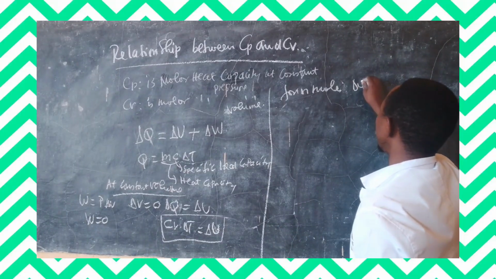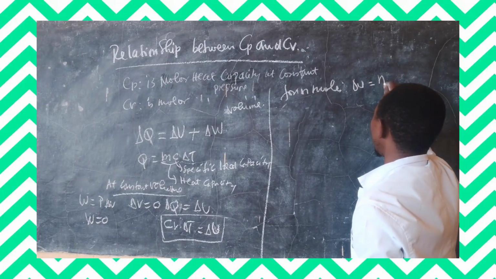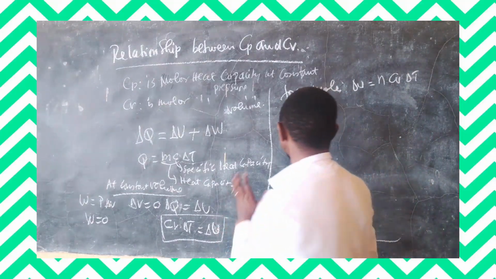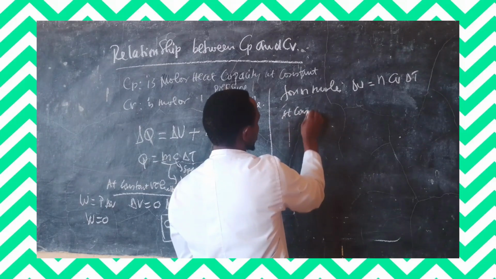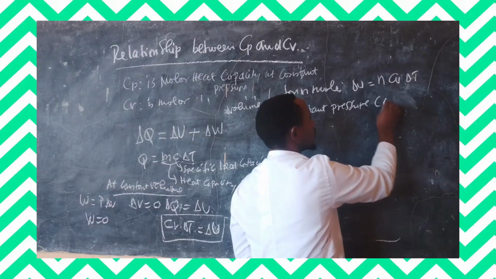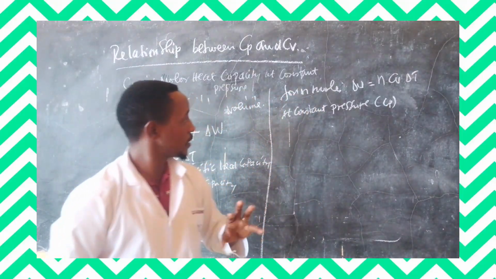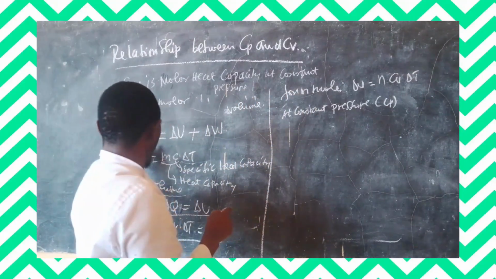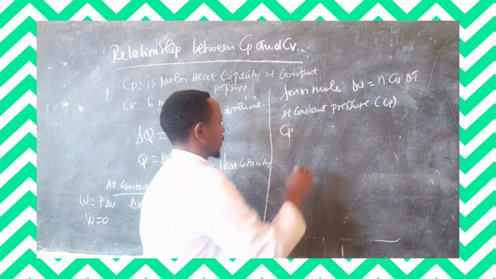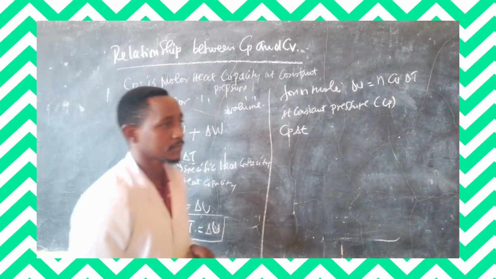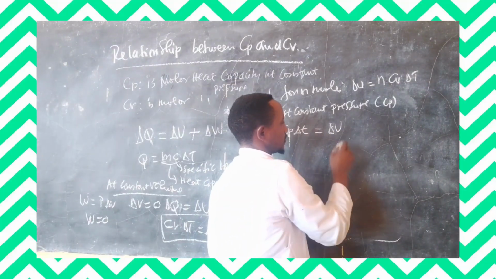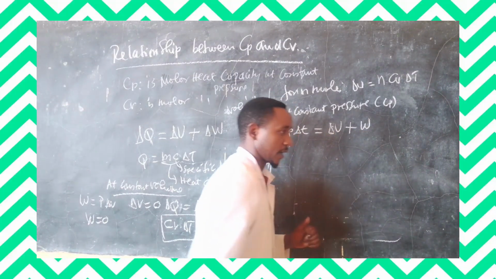So then the internal energy is equal to mCv dT. At constant pressure, we have Cp. Then we replace Q according to this formula by mCp dT, which is equal to internal energy plus work.